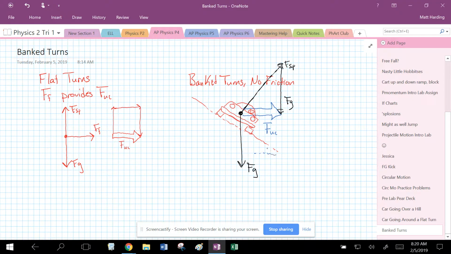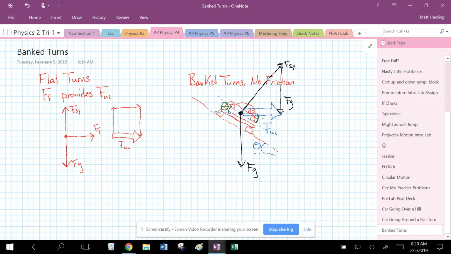So now we've got to think about how do all these angles go together. So you've got the angle of the incline here, theta. And if you look at how this matches up over here, this angle is going to be theta.